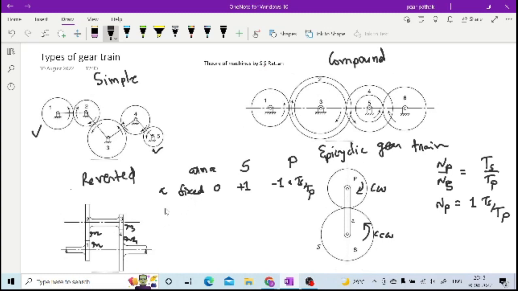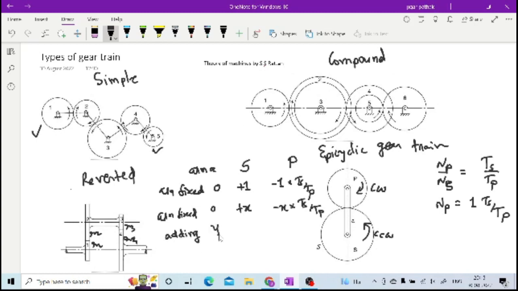Now if you consider again that the arm is fixed, and you are providing some x rotation, then it will have x into ts by tp. Now you are adding the motion to the arm itself.